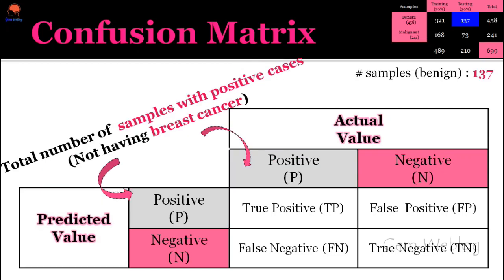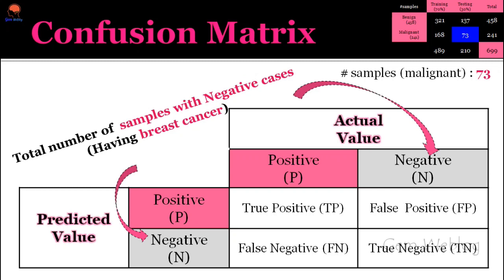The positive represents the total number of samples with positive cases. That means, with respect to breast cancer, it represents the samples not having breast cancer. The negative represents the total number of samples with negative cases. That means the samples having breast cancer.